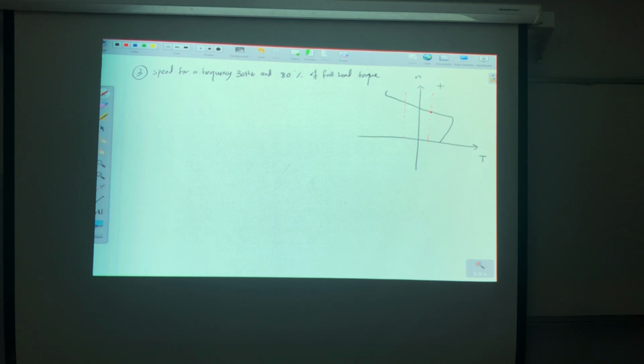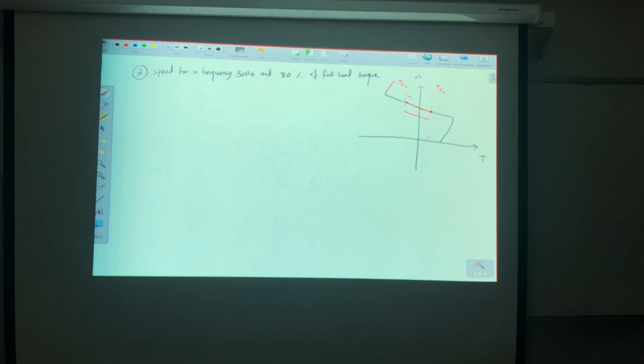Now this is the full load, and let's assume this is the torque with full load in the regenerative brake. You know that this one is for the generator and this one for the motor action. From here to here is almost linear. If I change the frequency, I will shift this line.